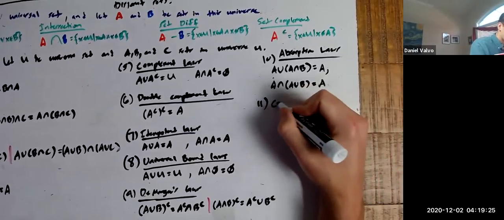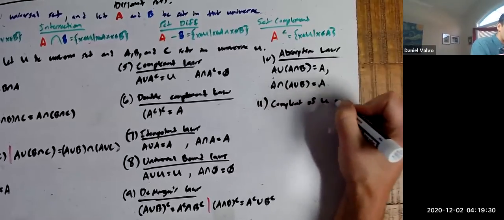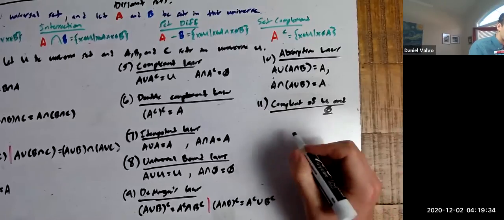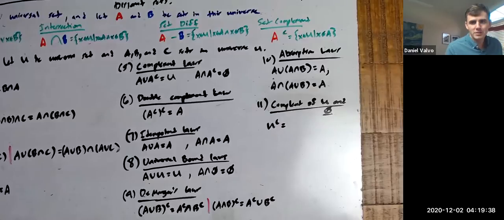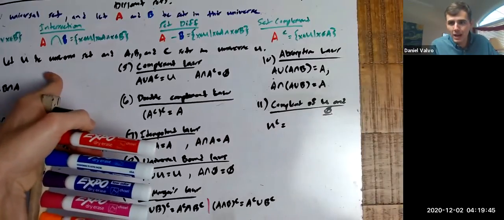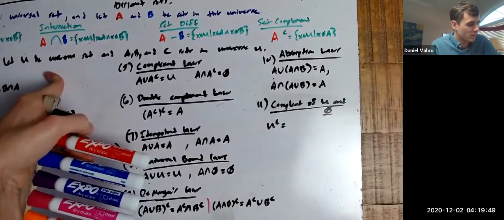11, we have complement of U and the empty set. And so U complement, if you take everything that's not in the universe, well, remember everything we're doing is within the context of our universe. So the universe is the only thing that we consider to exist.